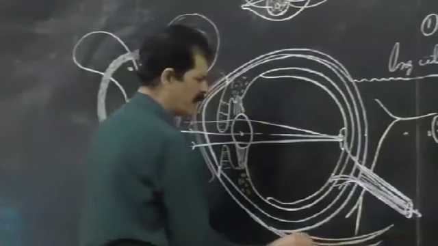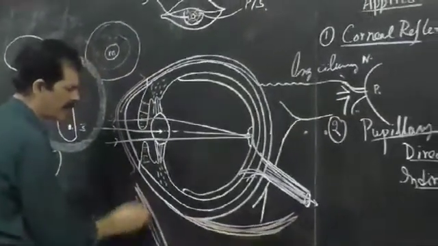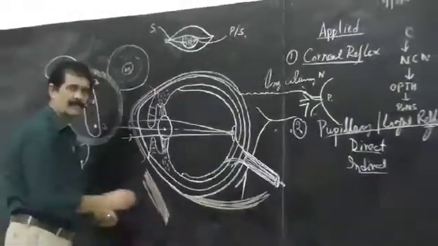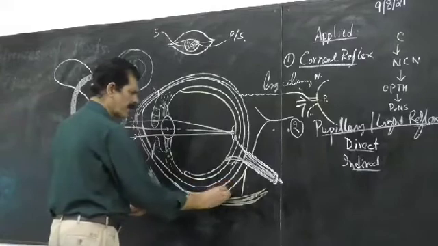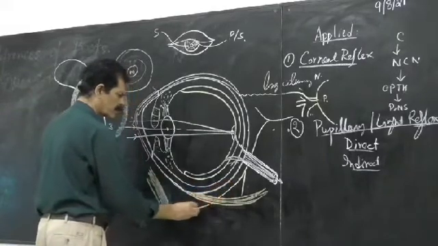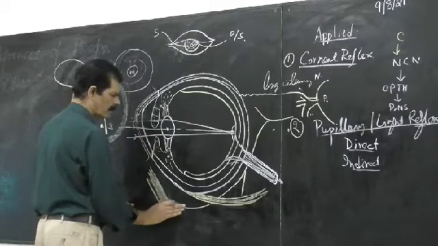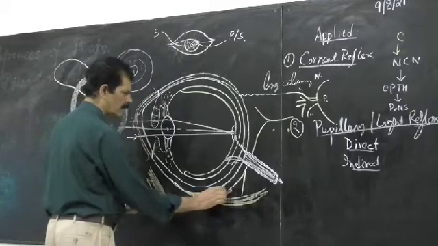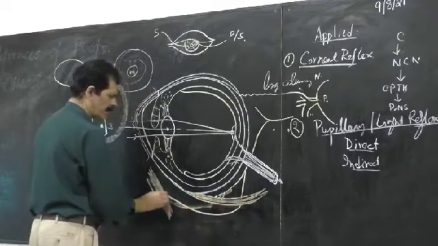Which 2 muscles? One is inferior rectus and another is inferior oblique. So the oculomotor nerve is already going to supply these 2 muscles.